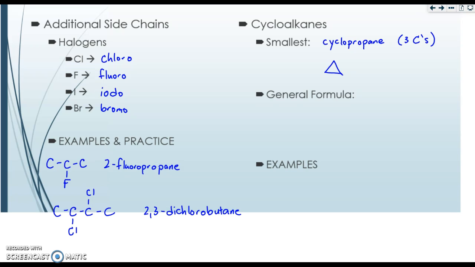The general formula for all cycloalkanes is CnH2n, which would mean if it was a C3, it would be an H6.